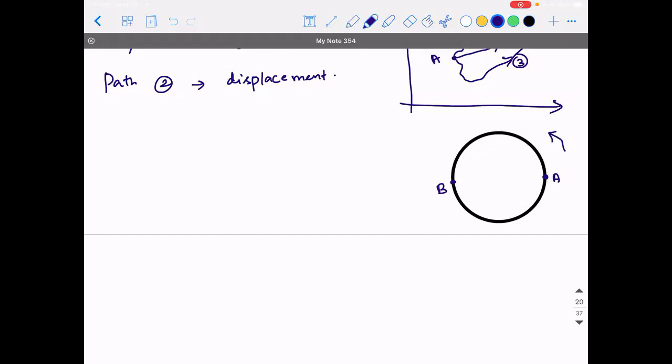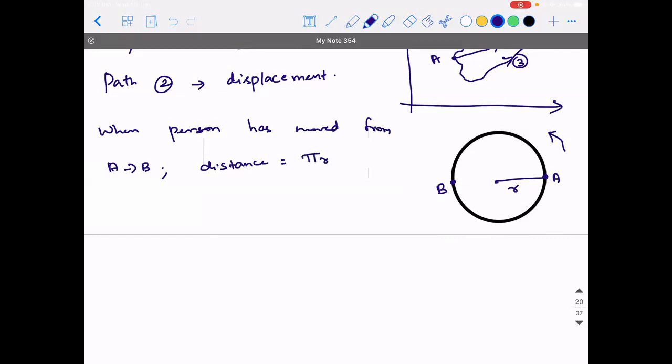And let's say the radius of the circle is R. So when the person has moved from A to B, what is the distance, guys? Sir, half of the circumference. How much is it? It is pi r.